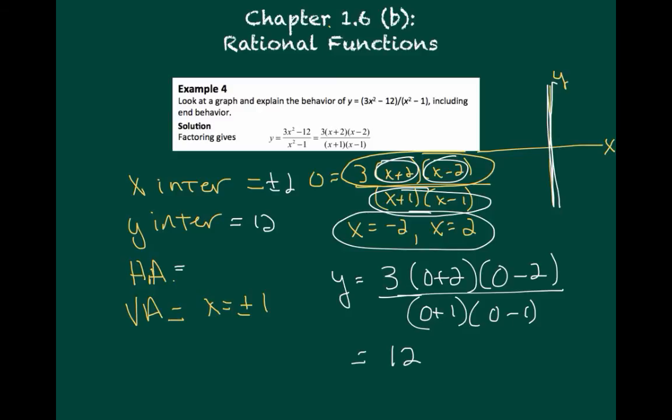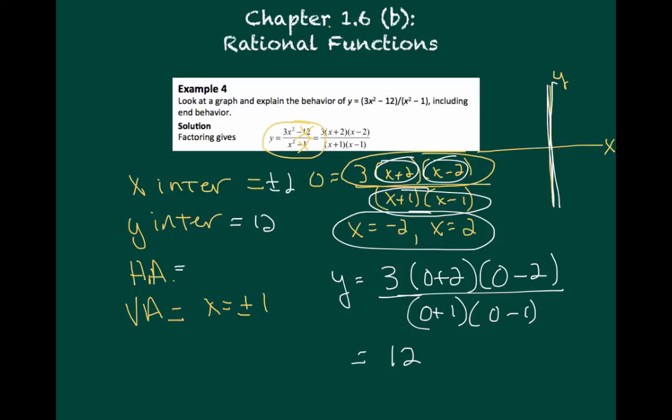Now think about it. This was 3x squared over x squared minus 1. As we saw in the previous video, the 12 and the negative 1 are going to have absolutely no impact on this graph out at infinity. The example we looked at in the last video, there wasn't much of a difference between the power function and the polynomial function once we were past x equals 20 or so.